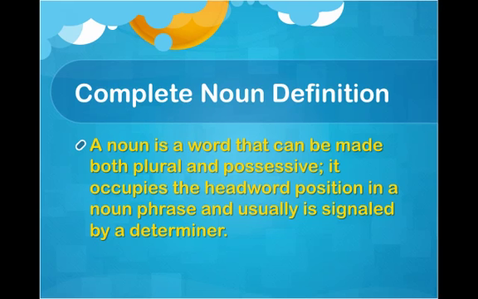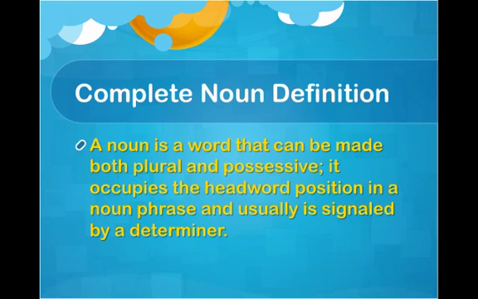Here's a complete noun definition beyond person, place, or thing. If I ever ask you to define a noun, this is what I'm going to be looking for. A noun can be made plural and possessive. It's the head word in a noun phrase, and it's usually signaled by a determiner.